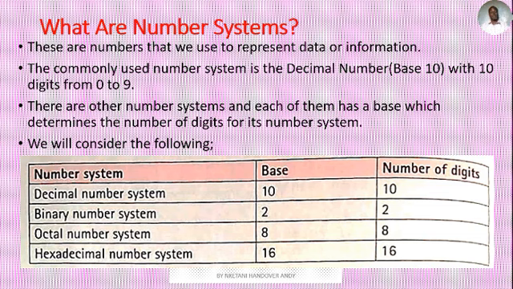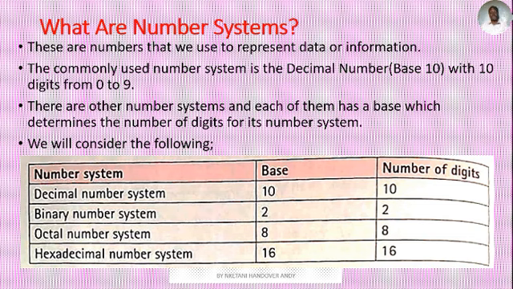Then finally we have the hexadecimal number system, which is base 16, and this number system has 16 digits or elements. Remember that hexadecimal goes from 0 up to 9, but after the 9, the hexadecimal number system introduces certain characters, A up to F, to add to the 10 digits of the ordinary decimal to make 16.